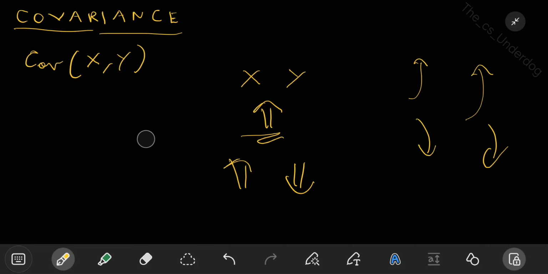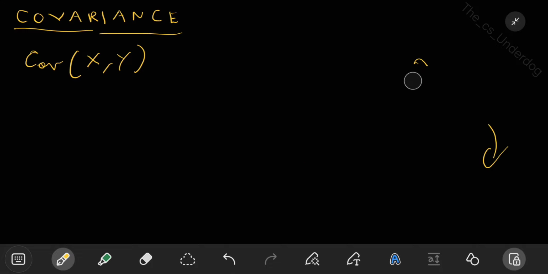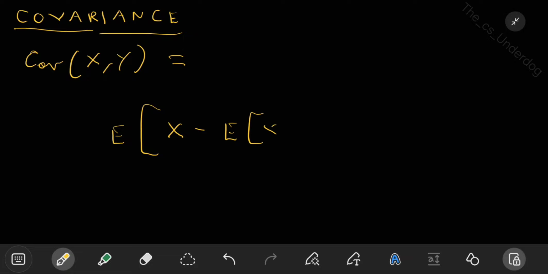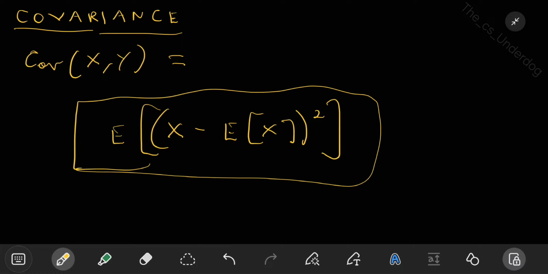Now, how do you find out covariance? Let's write the formula and understand from it. In terms of variance, what did we do? We took the expectation of (x minus E of x) square, right? This is what we did in variance, so this was for a single random variable x.